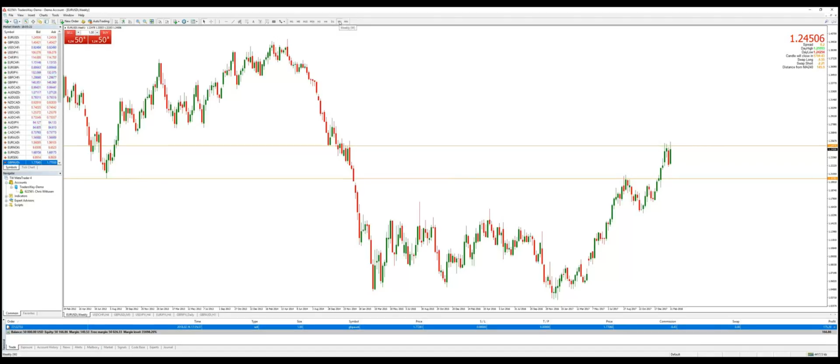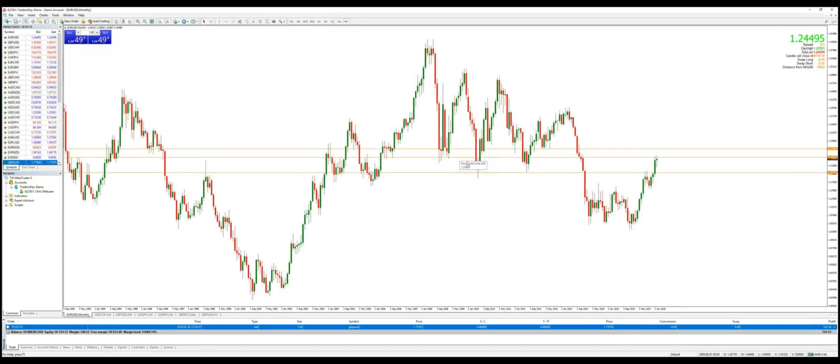Here we're on weekly, and as many of you know, I've called that the area where Euro USD is currently hanging since 2014. So I'm flipping that on monthly view.